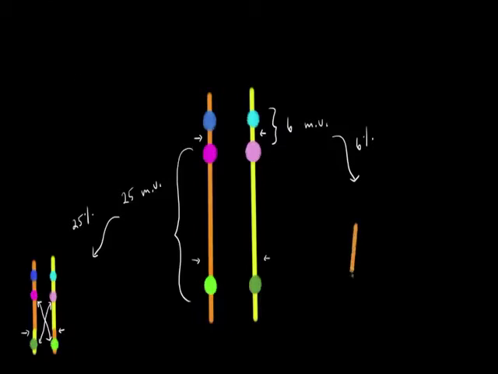Here we'll draw a part of our paternal chromosome and the maternal one, and they swapped somewhere over here. So let's fill that in. That's the part of the maternal chromosome that ends up on the paternal one, and the orange over here.